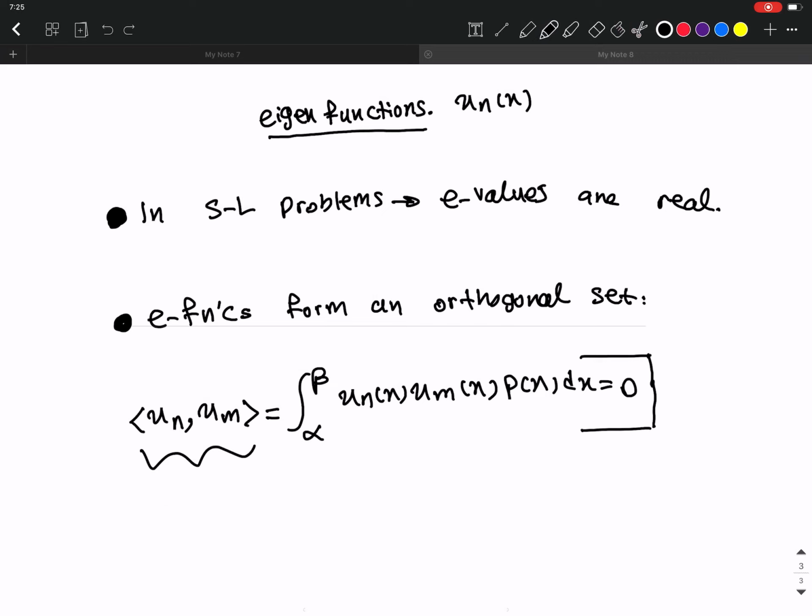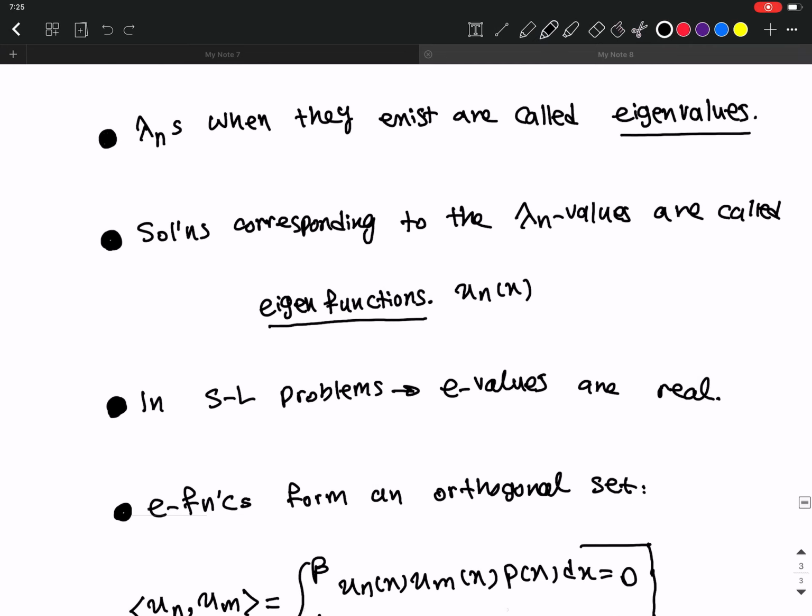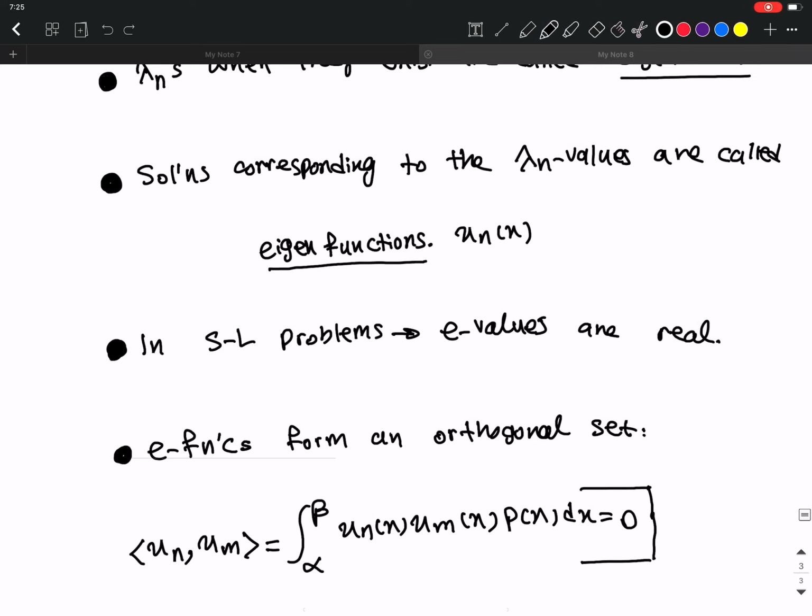Okay, and so all these eigenfunctions are going to form this relationship, and we are going to investigate it with an example in the next part. In the next part, I'm going to solve an example of Sturm-Liouville problems, and we will see how we can find lambda, or eigenvalues, or lambda n's and their corresponding eigenfunctions, and then we are going to show schematically that these eigenfunctions are going to form an orthogonal set.